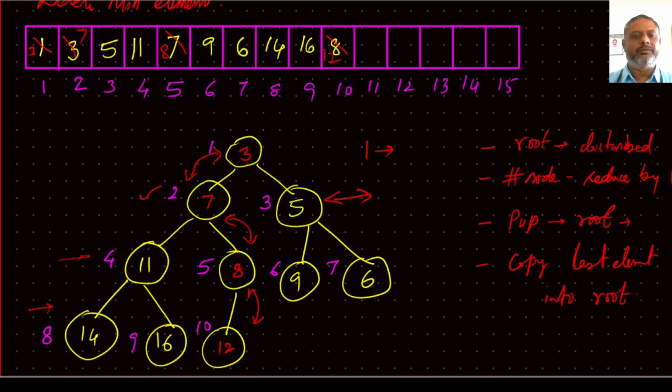So 3, 7, 5, 11, 8, 9, 6, 14, 16, 12 are the right values. How this is to be done in algorithm form, let us see in detail.